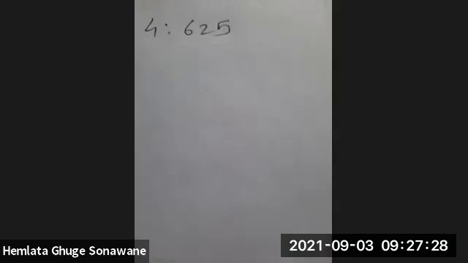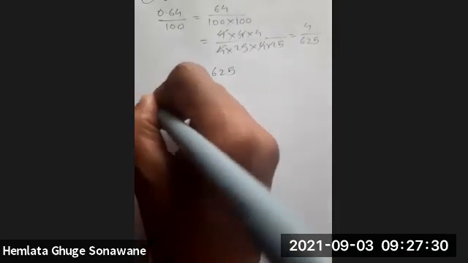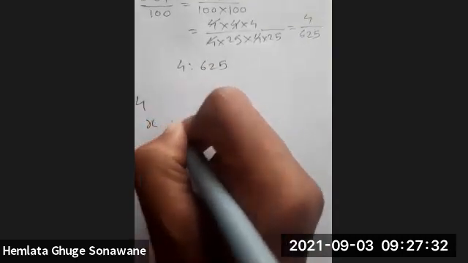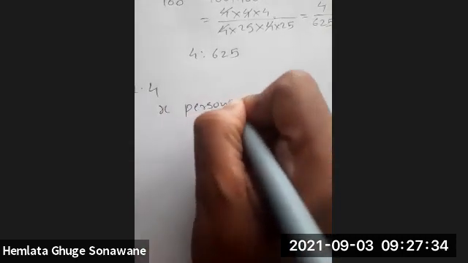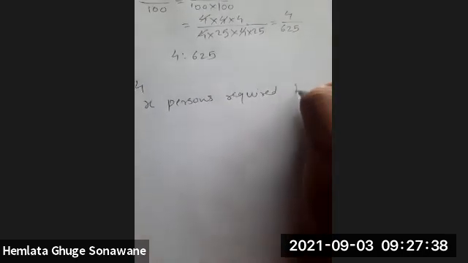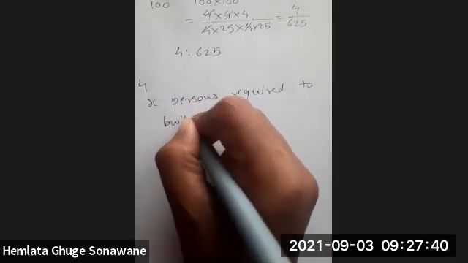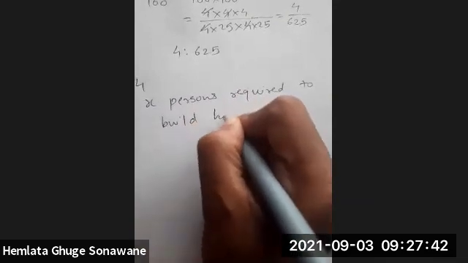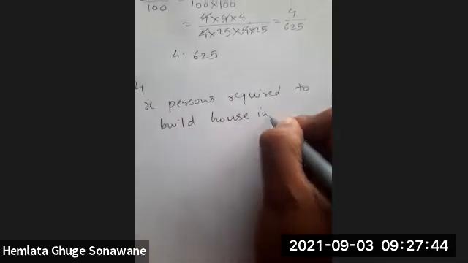That we consider as X. That is, X persons are required to build the house in 6 days.